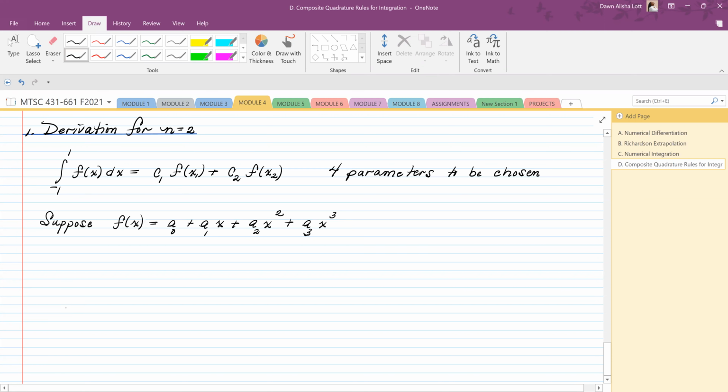So our goal is to choose x1 and x2 and c1 and c2 so that the formula is exact.